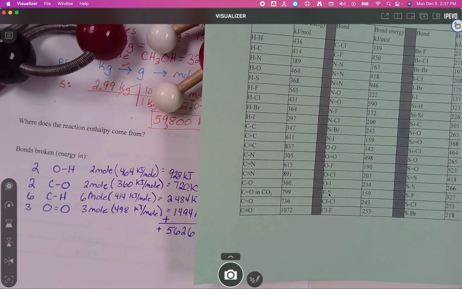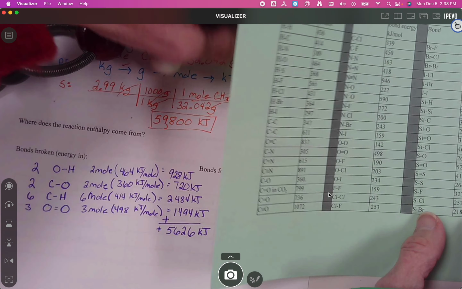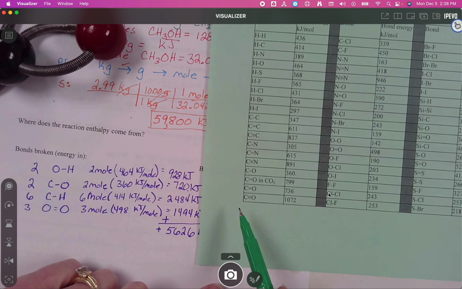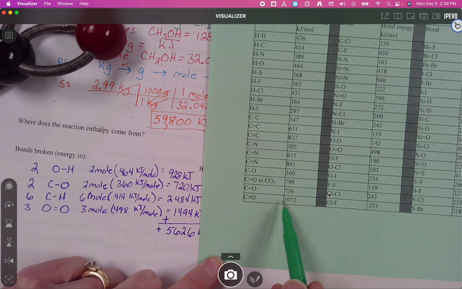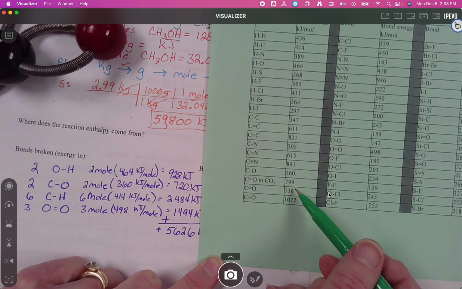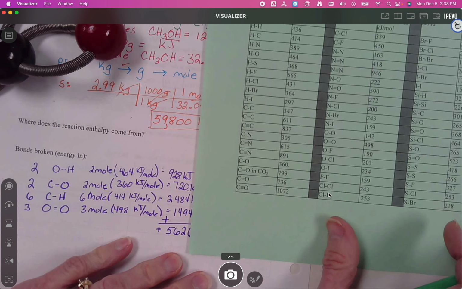You may have noticed in the process of writing chemical reactions that we make carbon dioxide all the time.